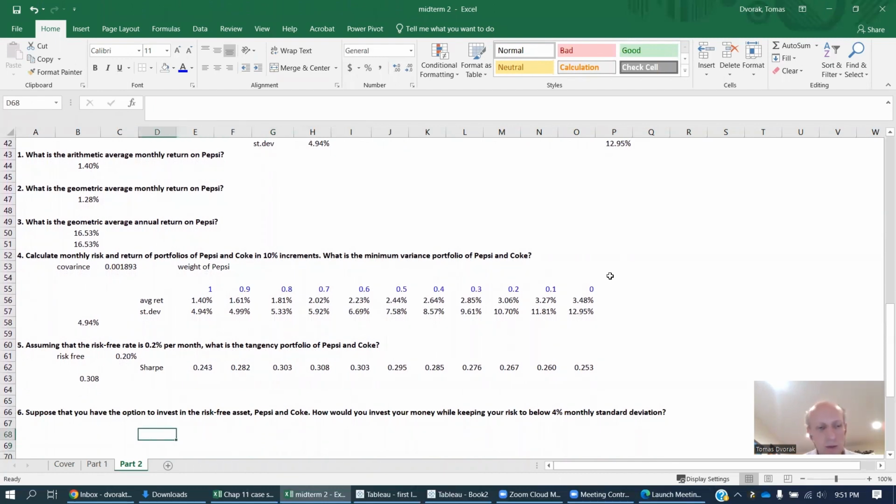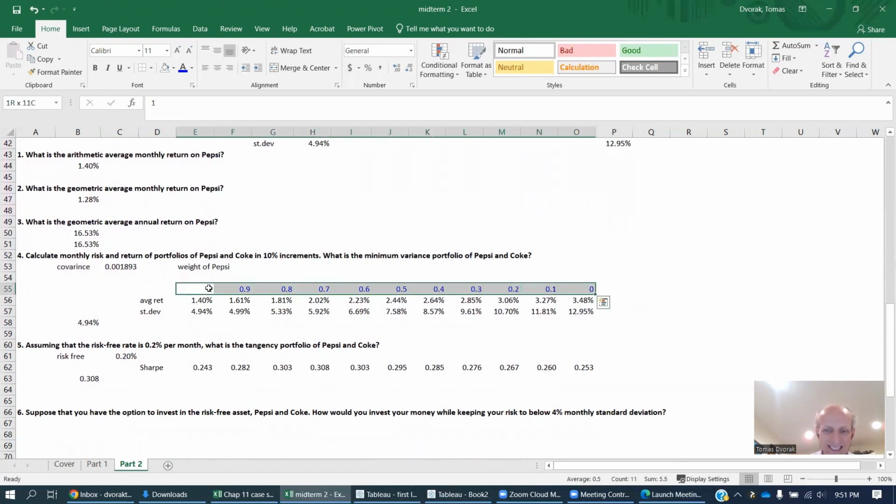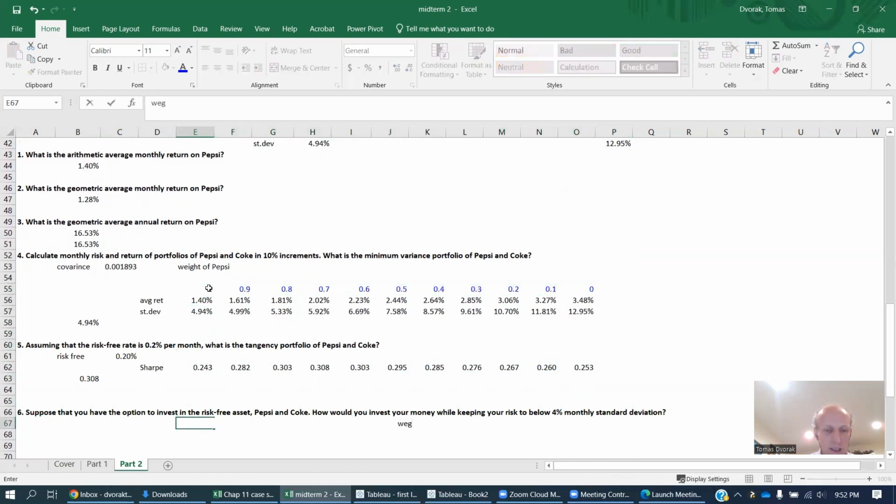Suppose now we have the option to also invest in a risk-free asset. So we know how to do this. We're going to now have to create a portfolio that consists of the risk-free asset and the tangency portfolio. So I'm going to copy these weights down here.